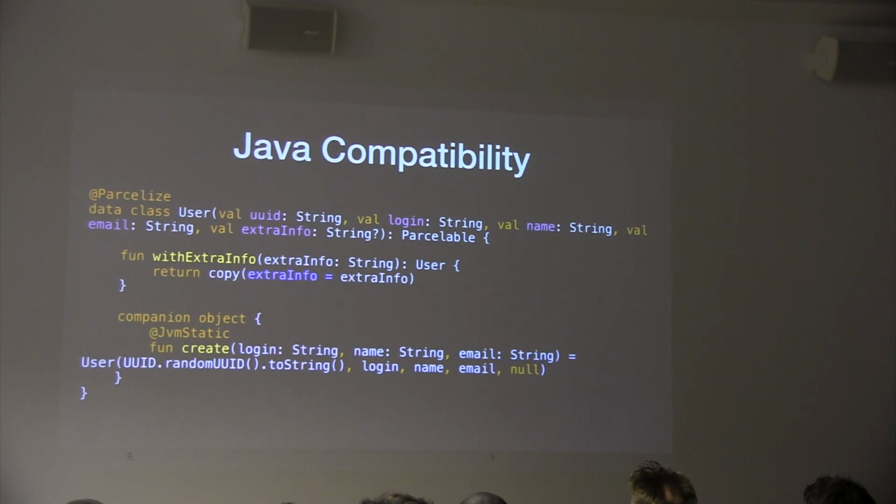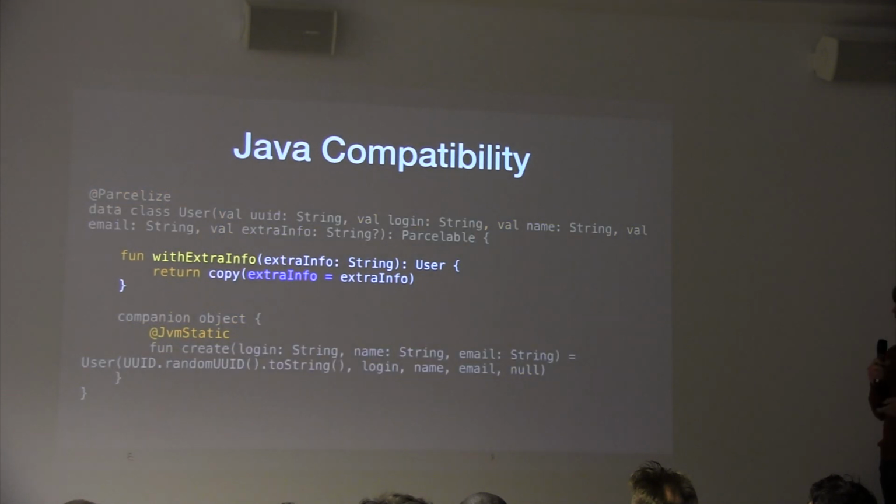So copy doesn't work with just one argument in Java. So the copy function in Java will require you to pass all the arguments of your class. So what we did was wrap the copy with the original withExtraInfo, but now it's an implemented method that then wraps the copy with the information that we want to change.